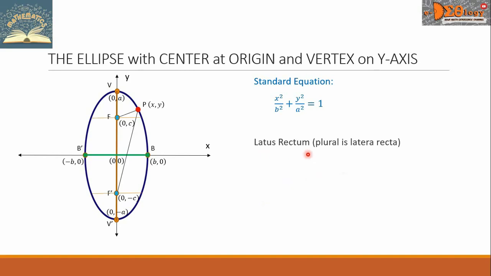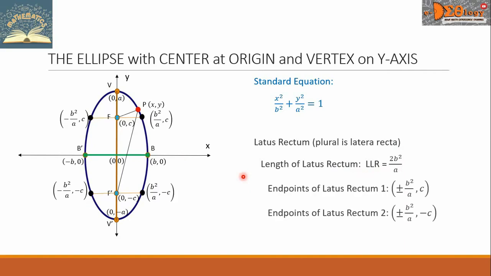Now, the latus rectum, and we have two latera recta here. The length of each latus rectum, denoted by LLR, equals 2b squared over a. It means to say, if we're going to look for the endpoints of the latus rectum respectively, the first latus rectum will have the coordinates plus or minus b squared over a, comma, c.